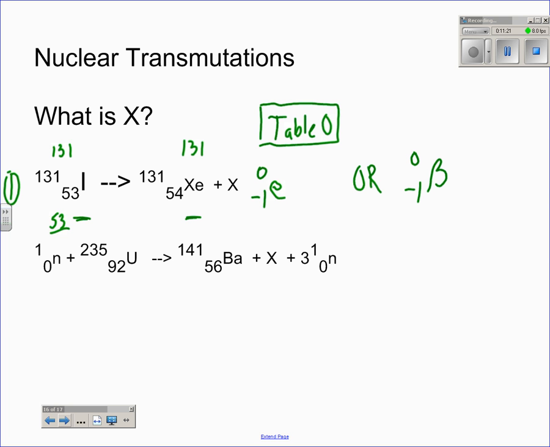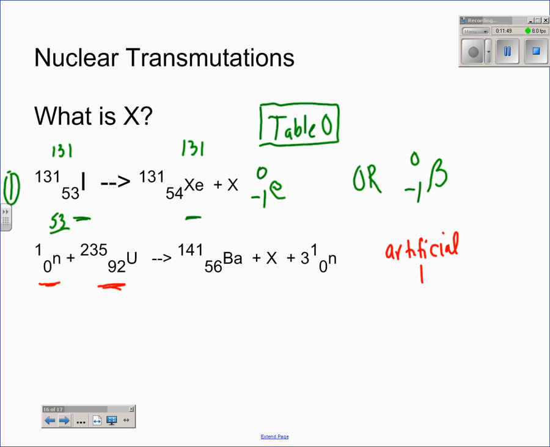Excellent. Now let's look at this second type of equation. The first one we said was natural transmutation or nuclear decay. The second one is different because you have a particle bombarding another particle, which is causing the nuclear reaction to take place. This is called artificial transmutation.